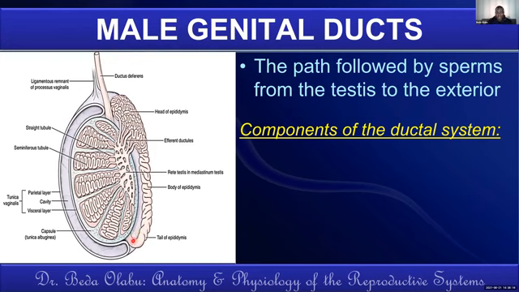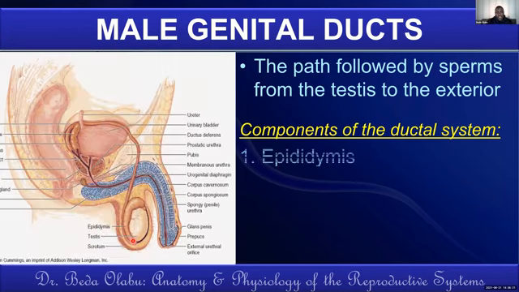From the epididymis, we have the vas deferens. So this is the epididymis, and this is the vas deferens. Remember what we mentioned some time back when we were talking about spermatogenesis in terms of the role of the epididymis and the vas. We said that the epididymis and the vas are a site of storage of sperms, and that sperms can be stored for about 2 to 3 months within the male reproductive system and they remain viable.